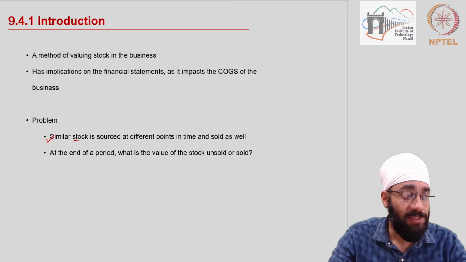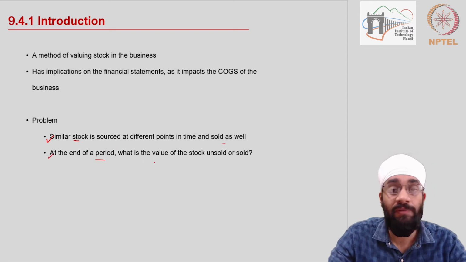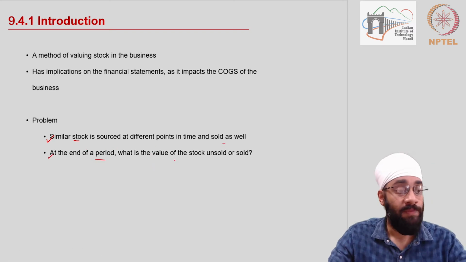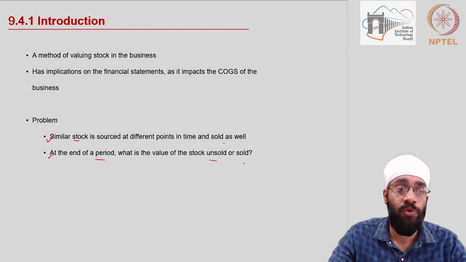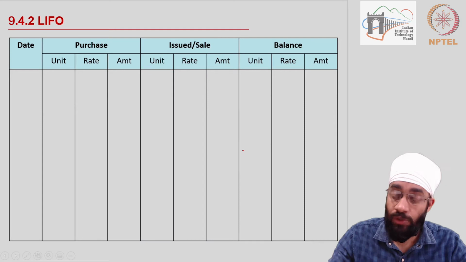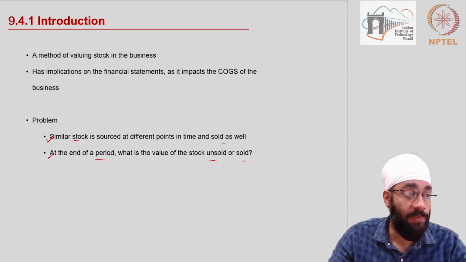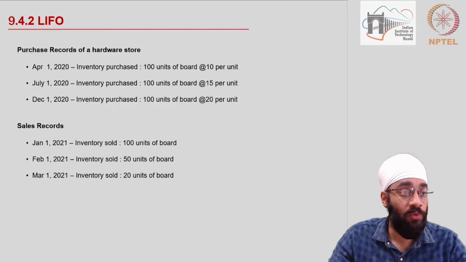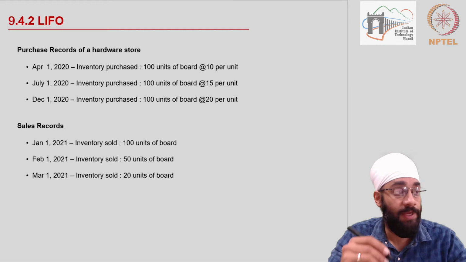So the problem is that similar stock can be bought at different points in time and sold as well. And at the end of a given period, which is a counting period for us, the value of the stock which is sold or unsold, that value has to be determined for us to be able to effectively manage the stock in the business and put a value to the cost of goods sold so that we can arrive at the profit for the year.